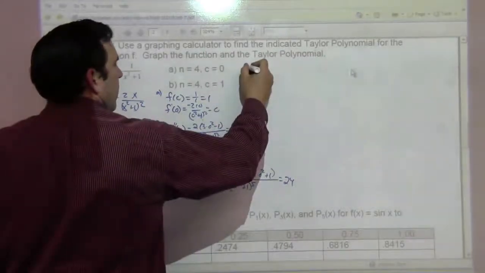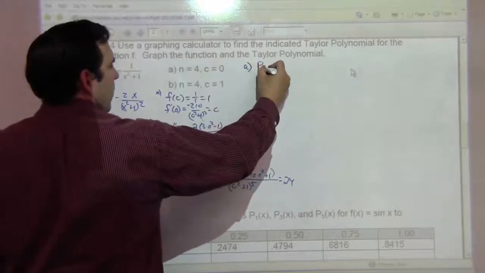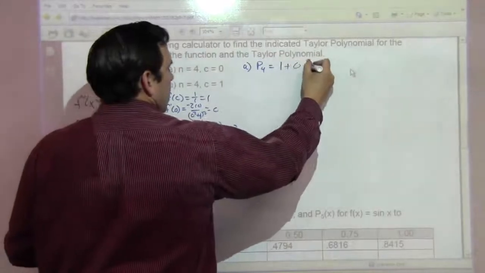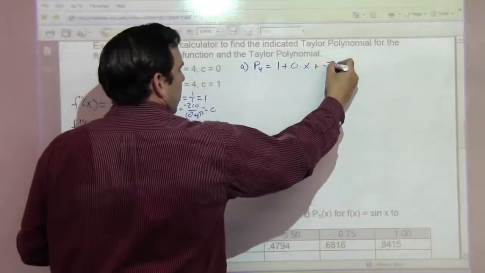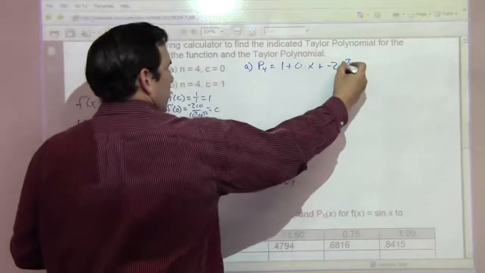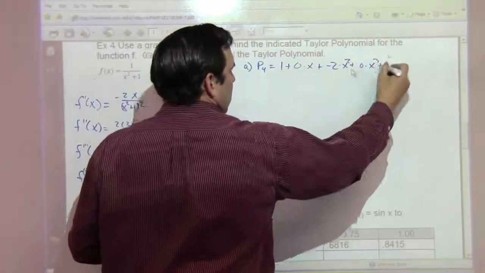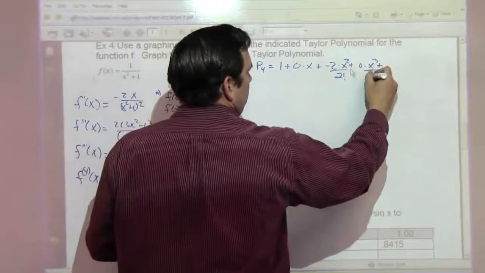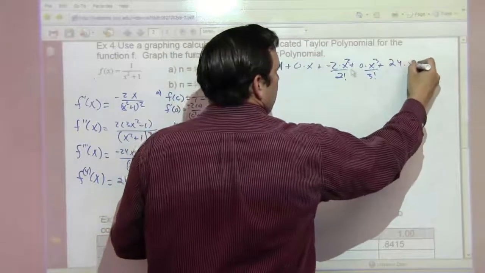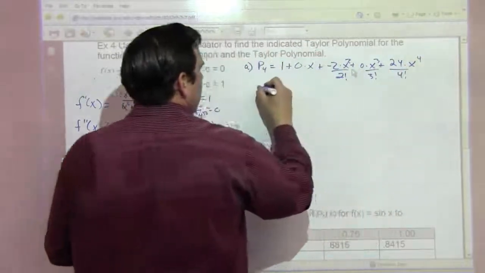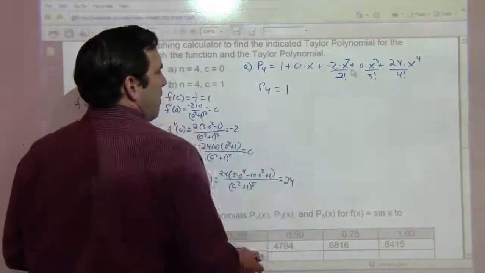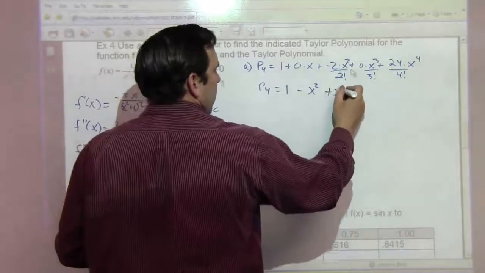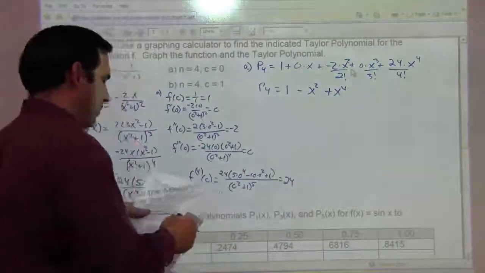So for A, we have P of 4. It's going to be 1 plus 0 times x plus negative 2 times x squared plus 0 times x cubed plus 24, I forgot my over 2 factorial and over 3 factorial, 24 times x to the fourth over 4 factorial. So P4 is going to be 1 minus x squared plus x to the fourth, because 4 factorial is 24.